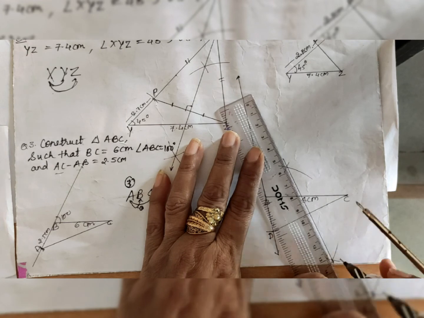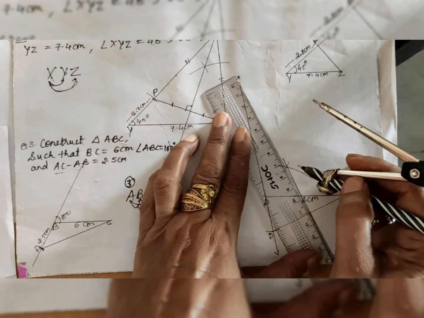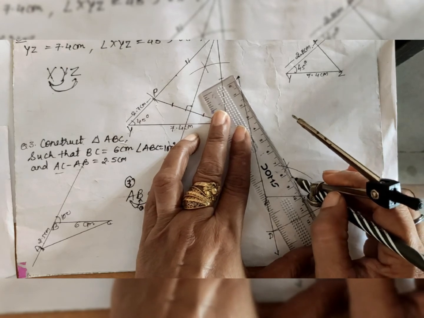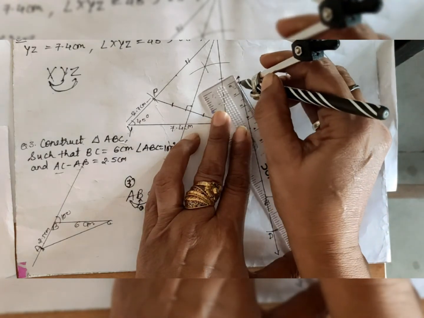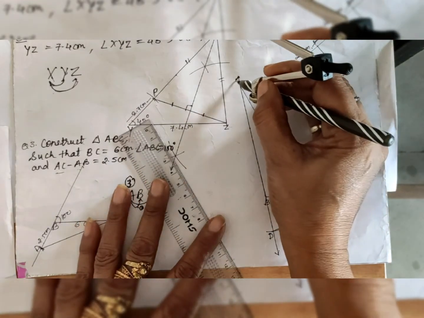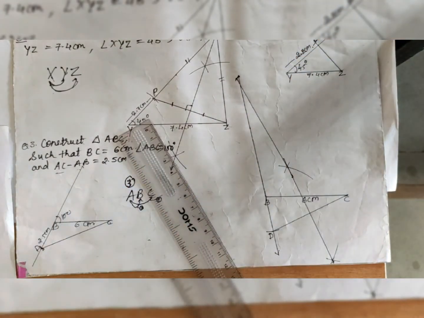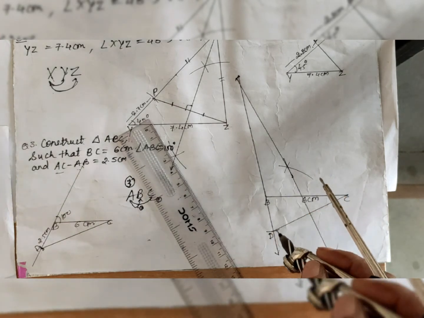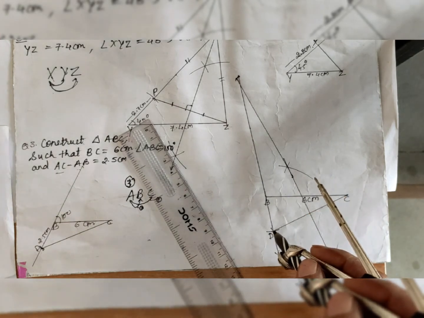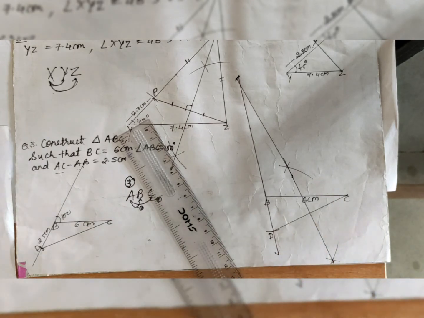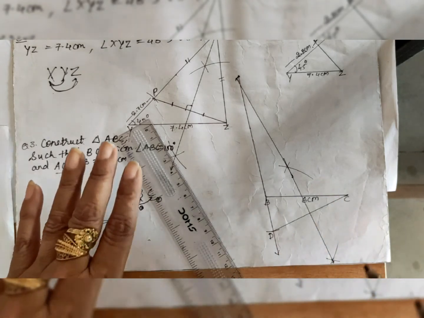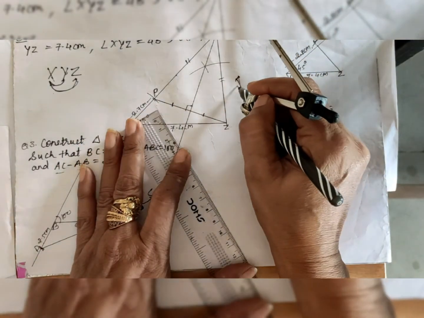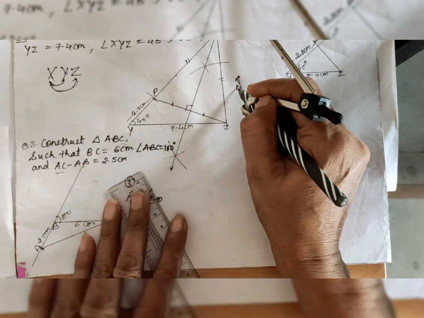Okay, put arrows on both the sides, and now you can see here it is cutting here, on ray BD. This is the ray where we have taken 2.5 centimeter, and now children see, this point is what?